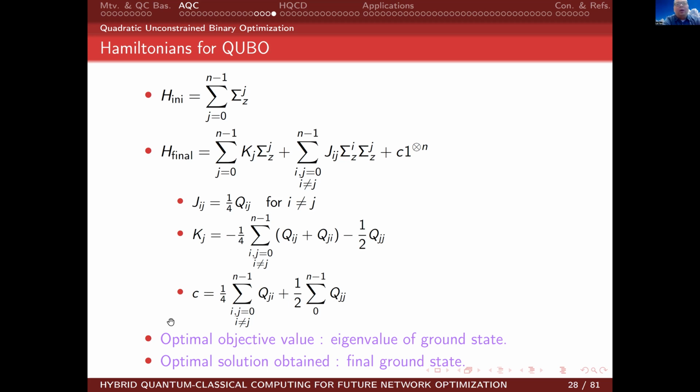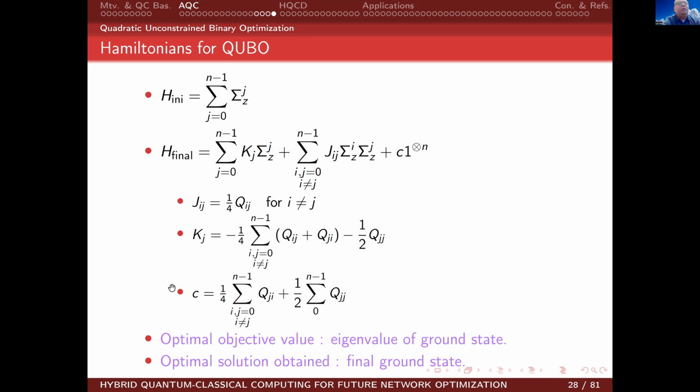Remember that our target is what? To solve our optimization problem, our target is to have the optimal solution and the optimal objective value. This optimal objective value is the eigenvalue of the final ground state, and the optimal solution will be on the final ground state.